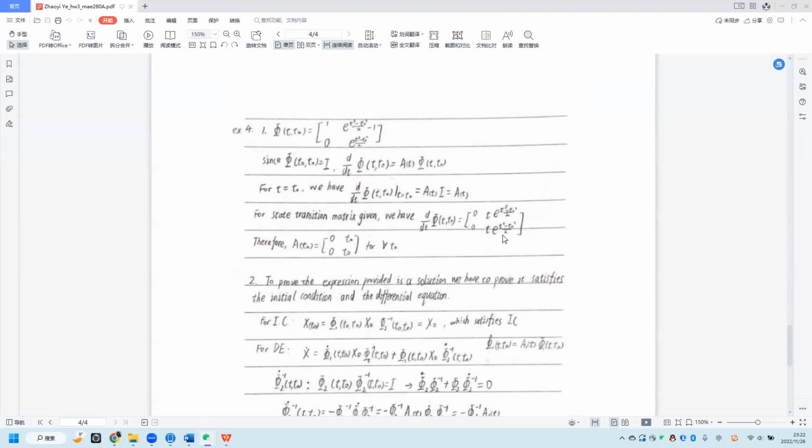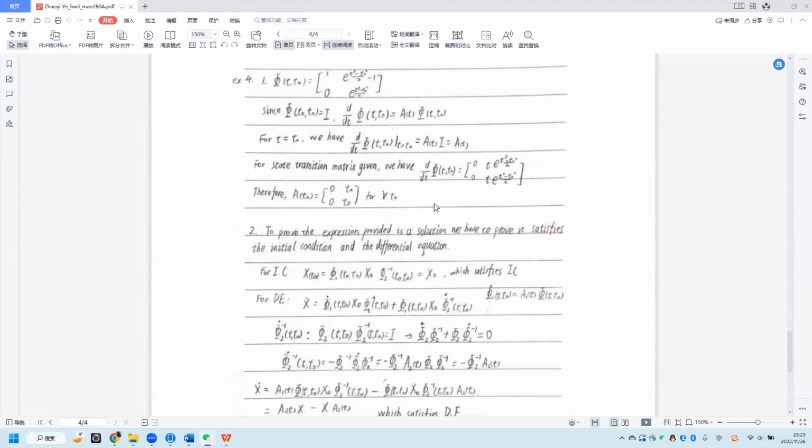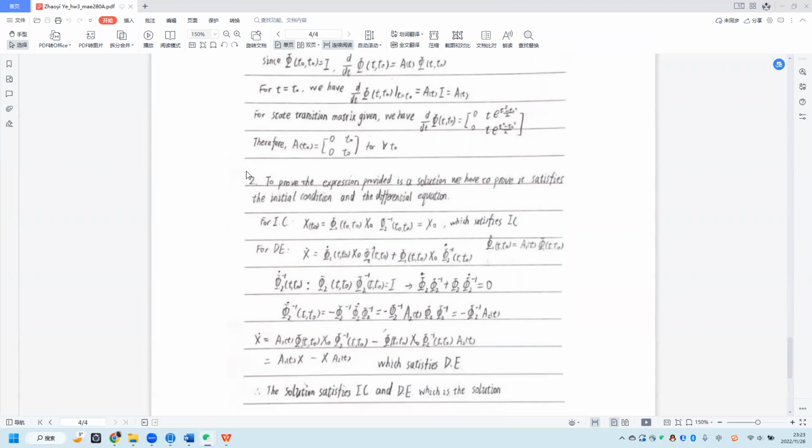Since here we took t equal to t0, t0 squared minus t0 squared is 0, so the exponential part is equal to 1. So A(t0) is equal to the matrix 0, t0, 0, t0 for all t0. And we got the solution.